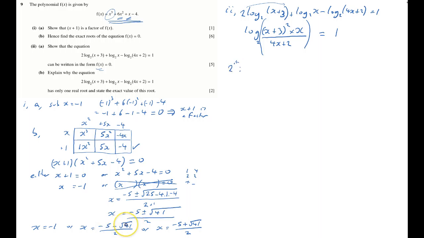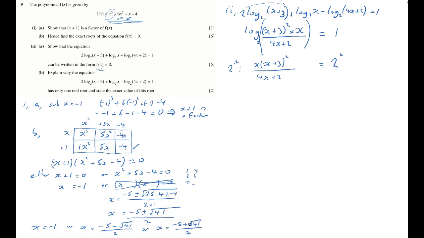And that will leave me with x plus 3 squared times x, over 4x plus 2, and that equals 2 to the power of 1, which is 2.